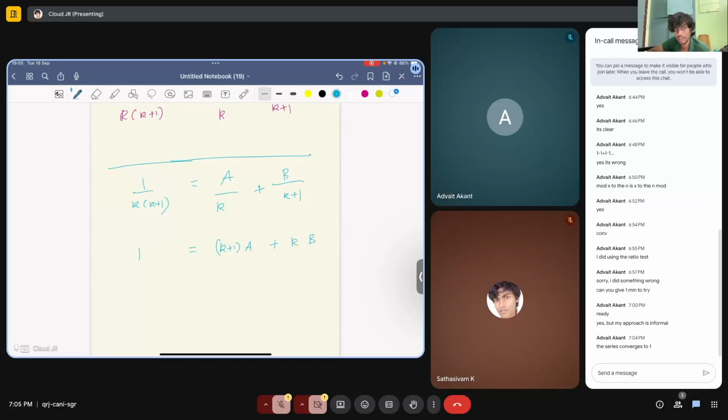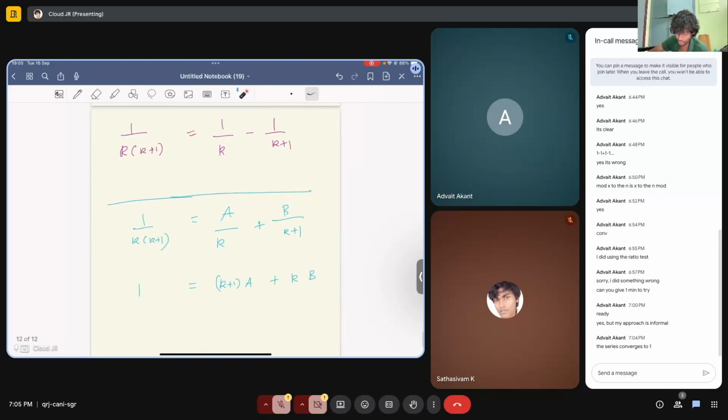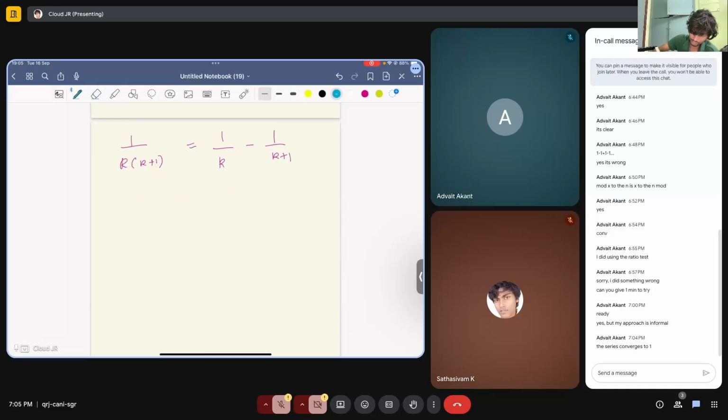Now from here you need to find what a and b are, and once you find a and b, then you can write it like this.